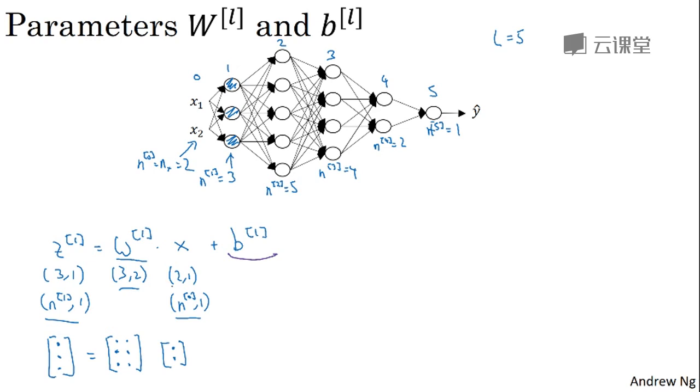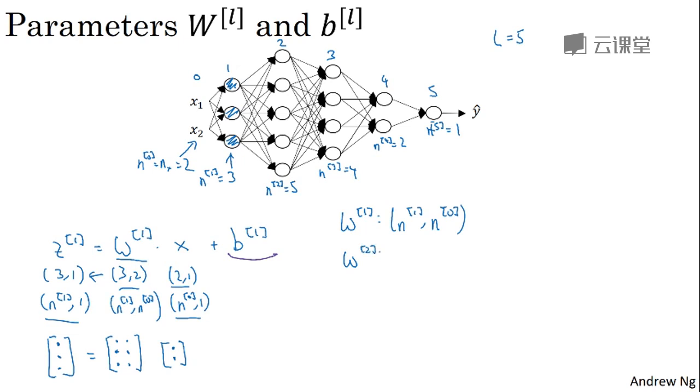Because a 3 by 2 matrix times a 2 by 1 vector gives you a 3 by 1 vector. And more generally, this is going to be an n1 by n0 dimensional matrix. So what we figured out here is that the dimensions of W1 have to be n1 by n0. And more generally, the dimensions of WL must be NL by NL minus 1.